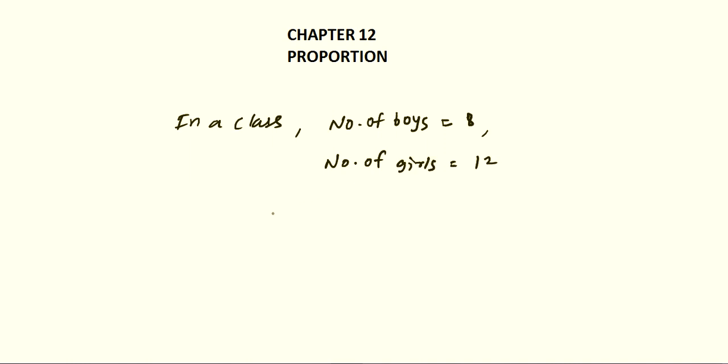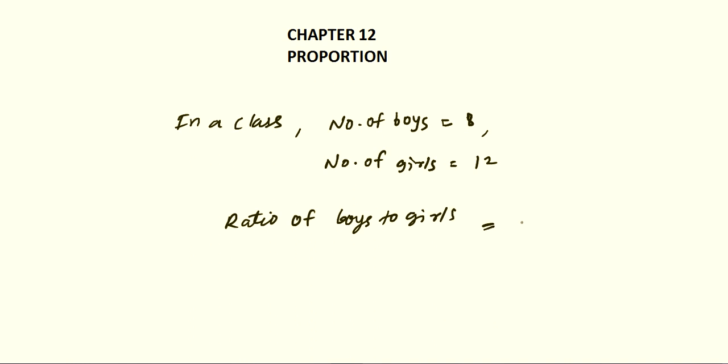In a class, let's suppose number of boys equals to 8 and number of girls equals to 12. Now I want to calculate what is the ratio of boys to girls.